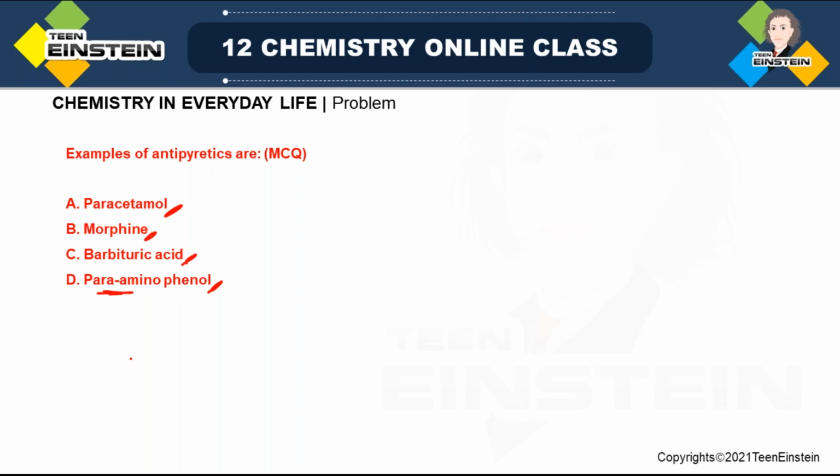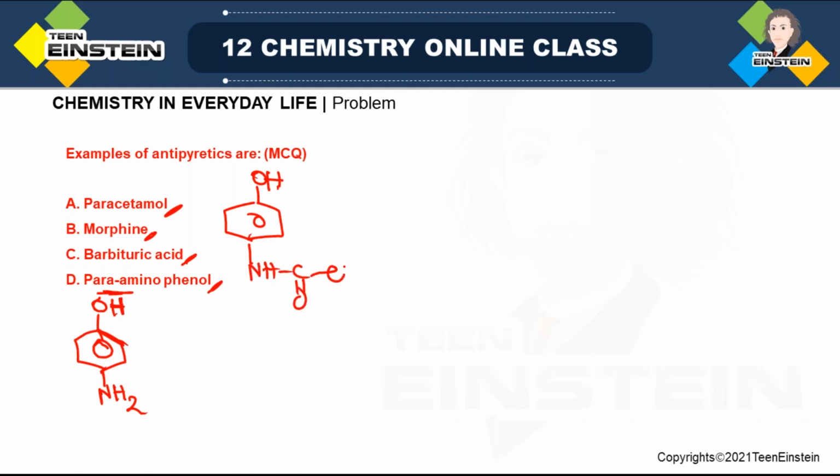And if you focus on this one, it is actually para-aminophenol. Now this is the structure of phenol, and para-amino means an NH2 group is there. But is it antipyretic? Remember, if you look at the structure of paracetamol, it is phenol, and then there is the presence of NHCOCH3, right?